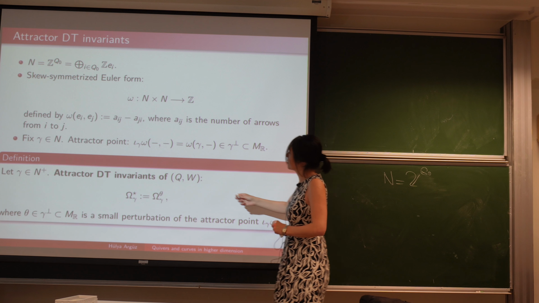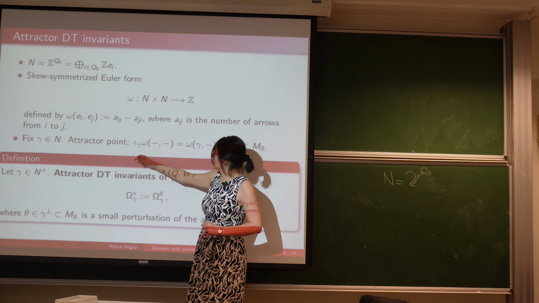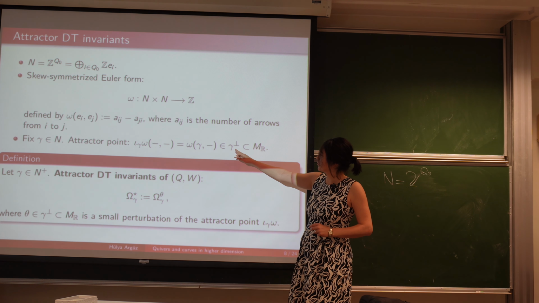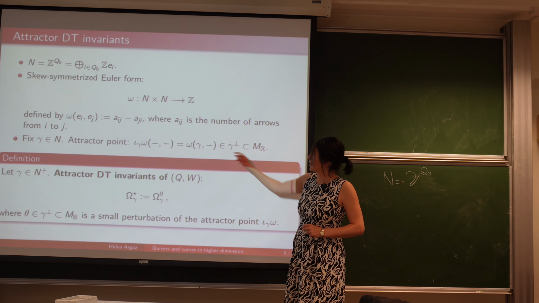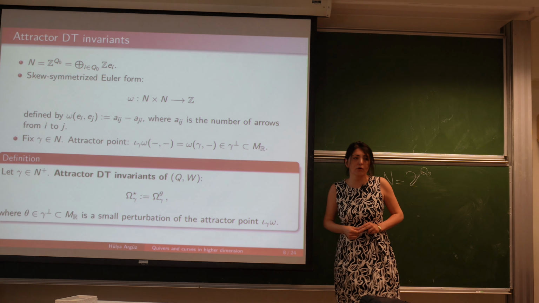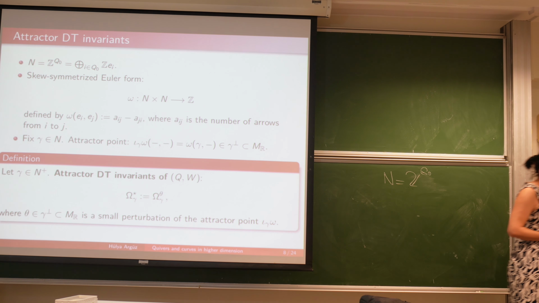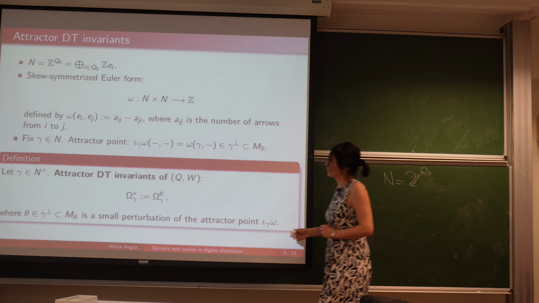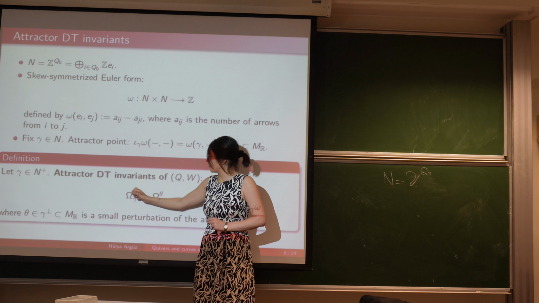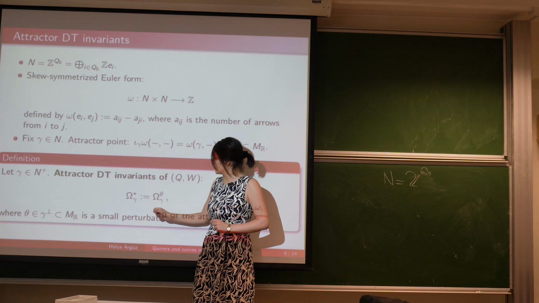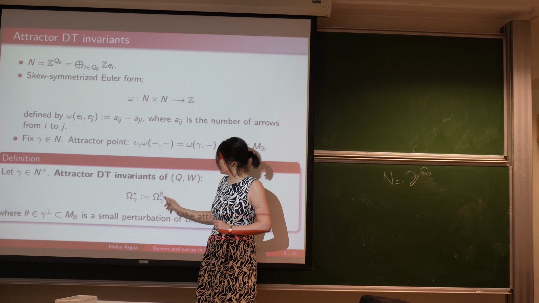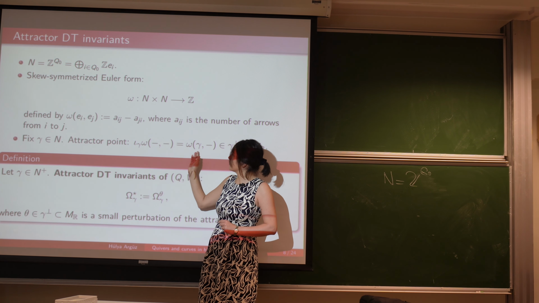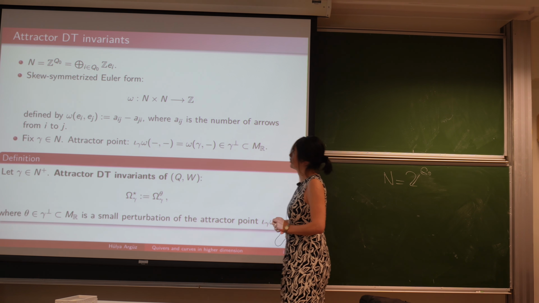For the dimension vector gamma, if you take the contraction of the skew-symmetric form along gamma, you will obtain a point in gamma perp, which we call the attractor point. We will take this very particular point as a stability parameter theta. So the attractor DT invariants of a quiver for a given dimension vector gamma, which we denote by omega theta gamma star, are the DT invariants defined for this particular stability parameter theta, obtained from the skew-symmetric form by taking the contraction along gamma.